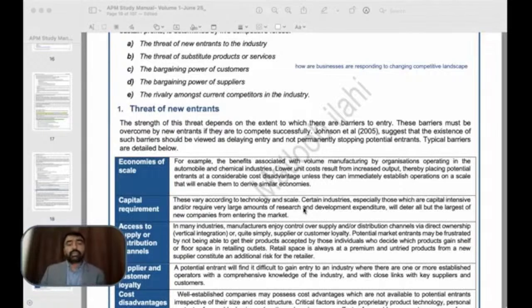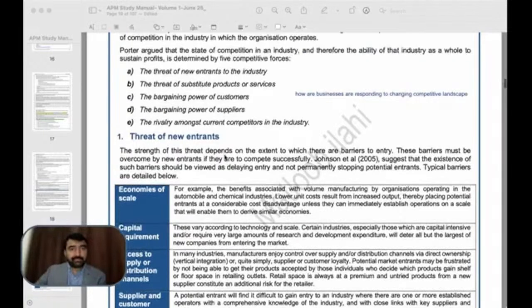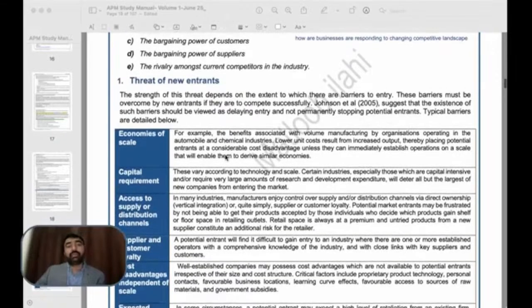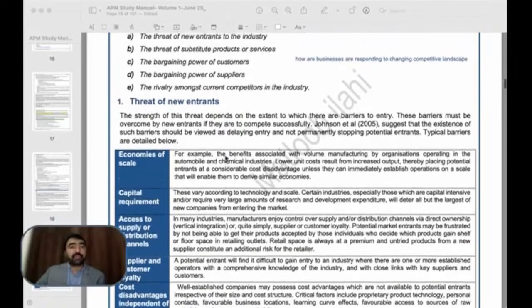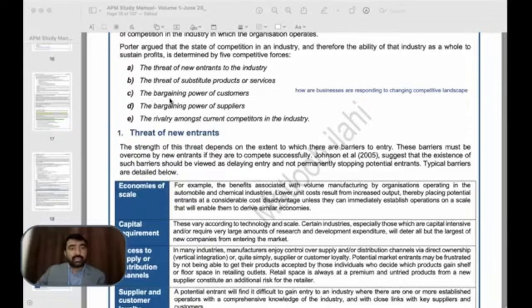So first of all, we can discuss the threat of new entrants. As we discussed, there are five forces: bargaining power, threat of new entrants, threat of substitutes, and bargaining power of customers, which depends on different situations.